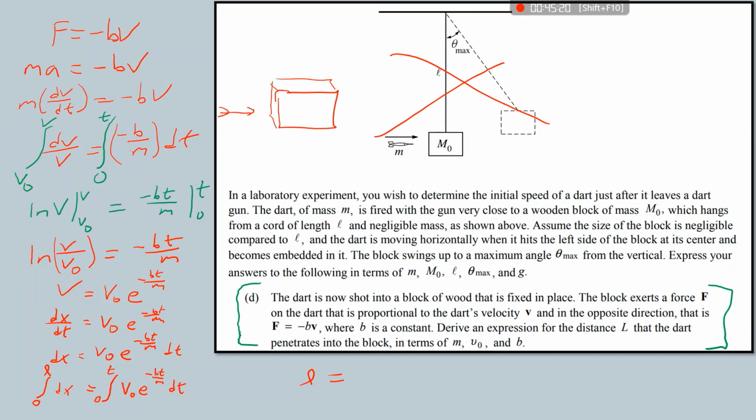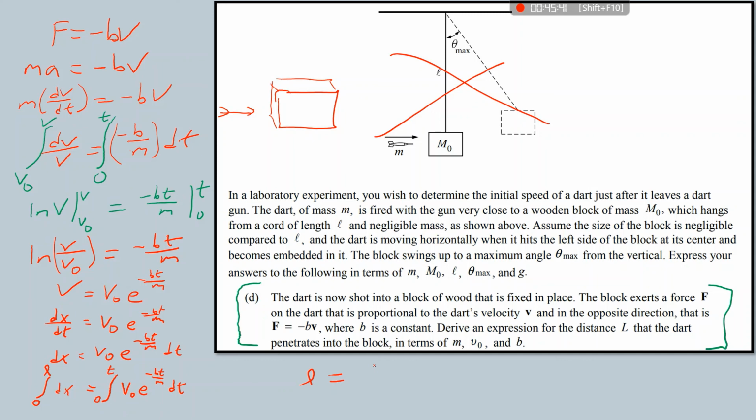That's e raised to the negative bt over m. So I do have a variable in that exponent. So what's going to happen when I integrate? So like we write the same and then times minus b over m.